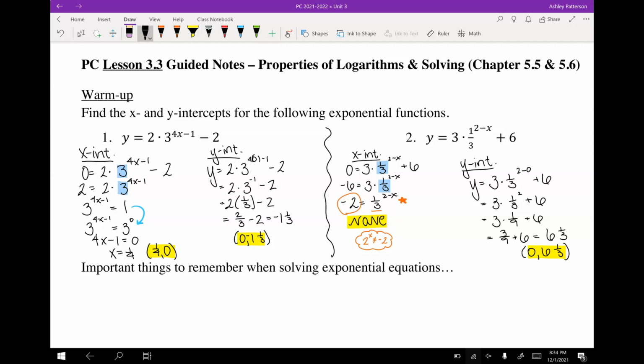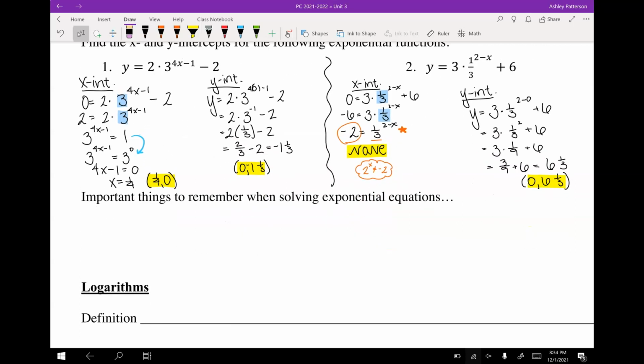Okay? All right, so important things to remember when solving exponential equations. One important thing: you must isolate the base before solving for x. You should try to change the bases first.